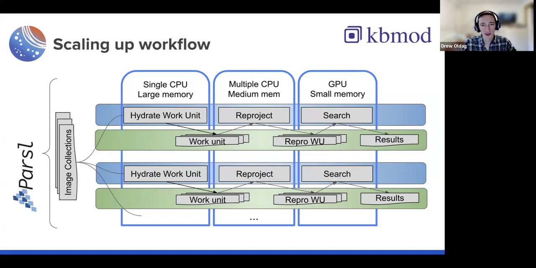But to maximize the efficiency on a given system, for instance, in this case, what we ended up doing is for the first two columns, the hydrate work unit and reproject, we had to merge those two tasks together because the disk I/O operation for writing out a work unit and reading that back in was such a bottleneck that it was really a big hit to the efficiency of the system. And so as you tune to a particular system, what you end up with is a much more bespoke workflow that maybe isn't as portable to a new system in the future. And so there's some sort of balance that you have to acquire if you want portability or if you want maximum efficiency on a system.